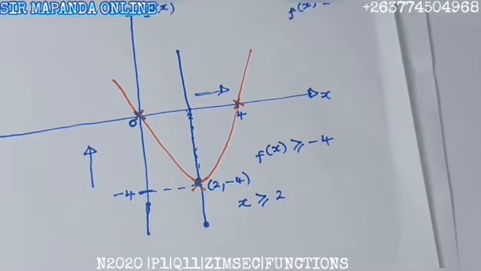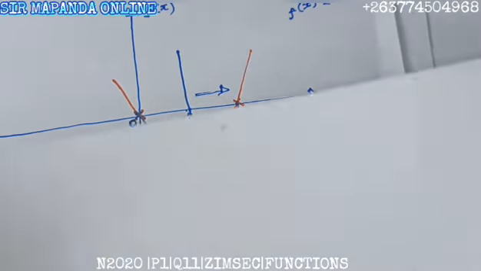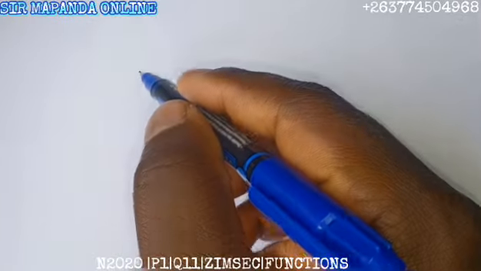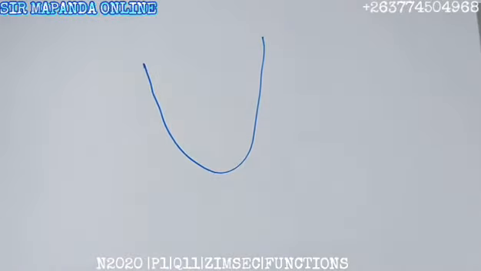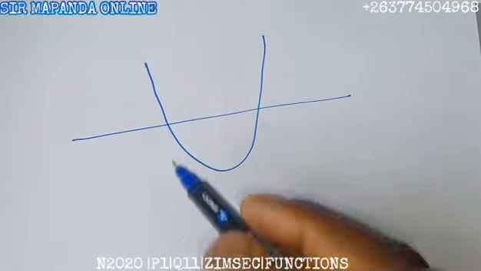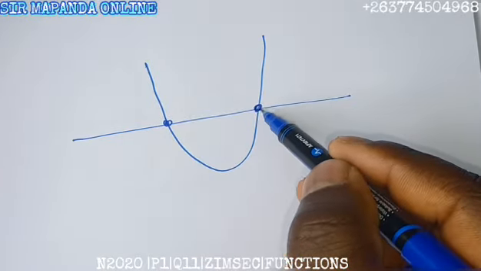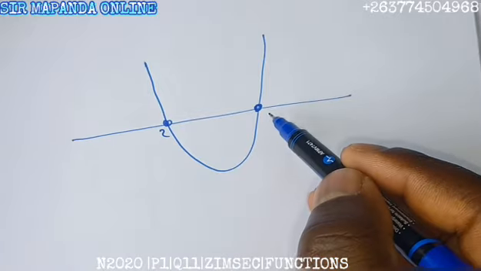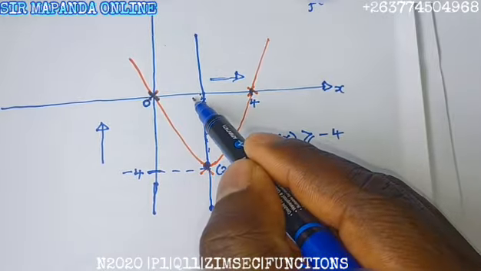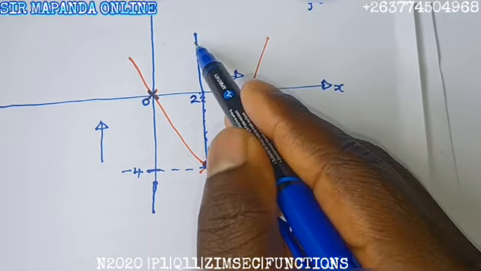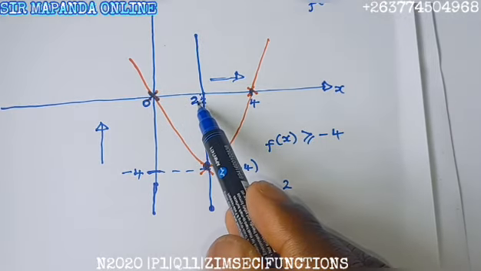So what is a one-to-one graph? Remember, a quadratic which is not split into 2 normally gives 2 solutions. At the point of intersection between the line and the graph, you get the solutions. I hope you are following. Right, so this number here on the line of symmetry is 2.